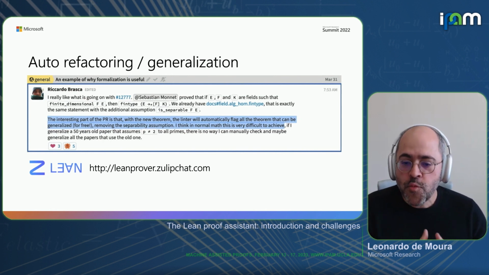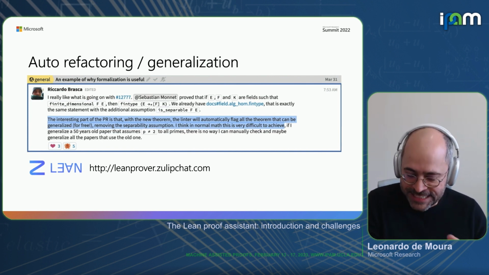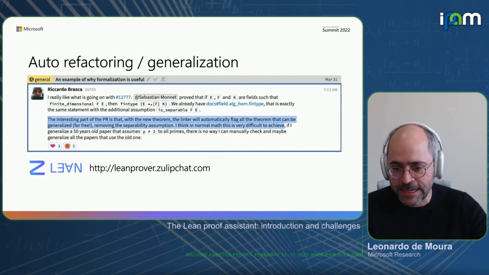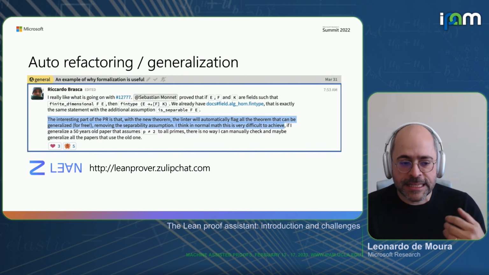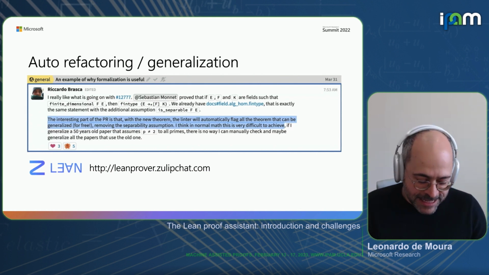And he's saying, wow, imagine if you can do that automatically, right, with the linter, with this kind of tool. Now, this is cool, but it's even cooler that you can propagate the generalization. Suppose that you generalize the results in a 50 years old paper, right?